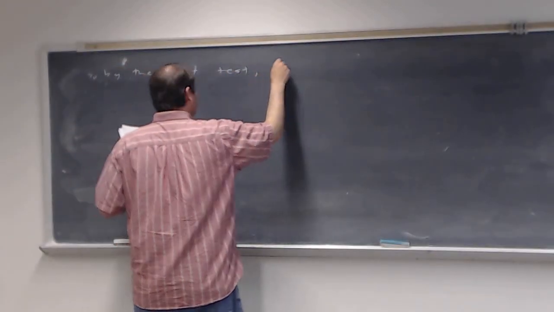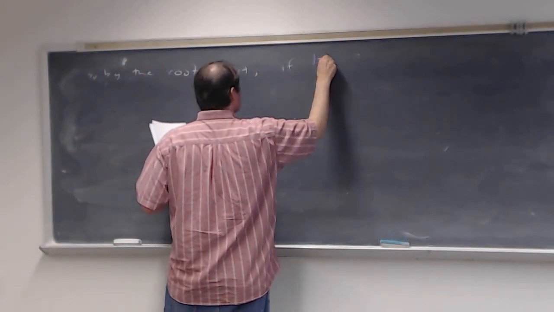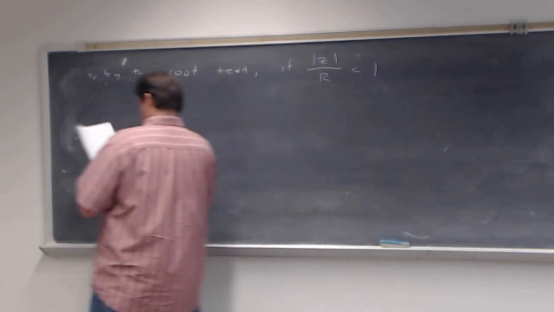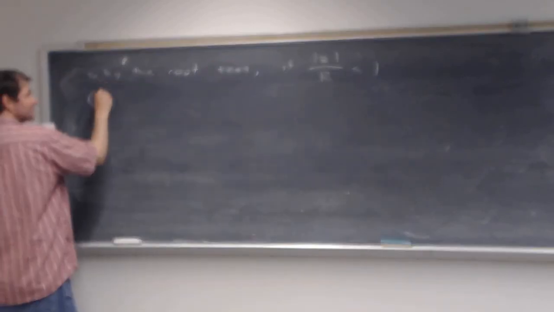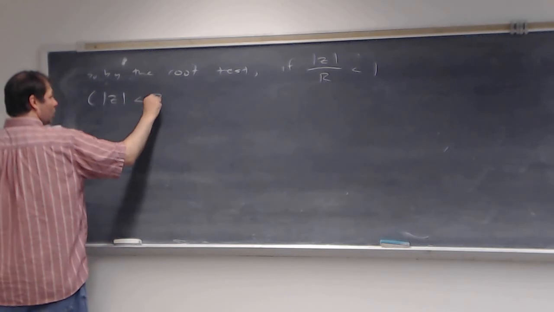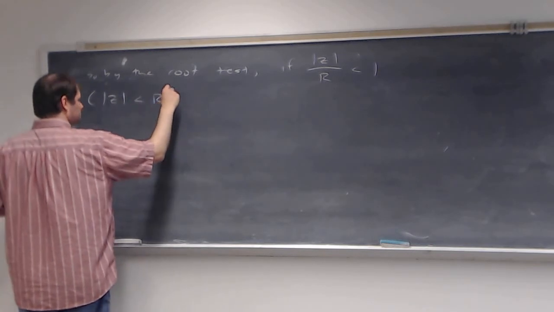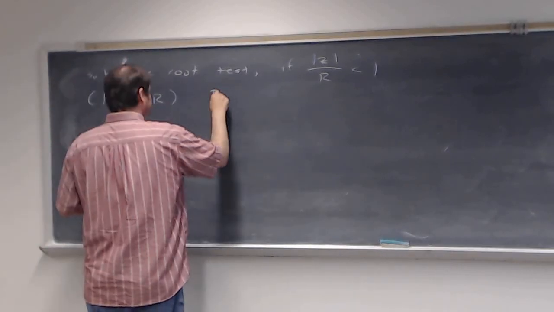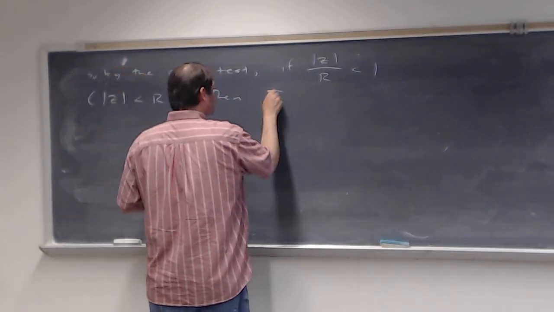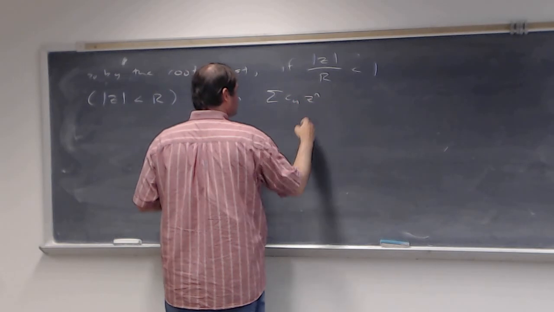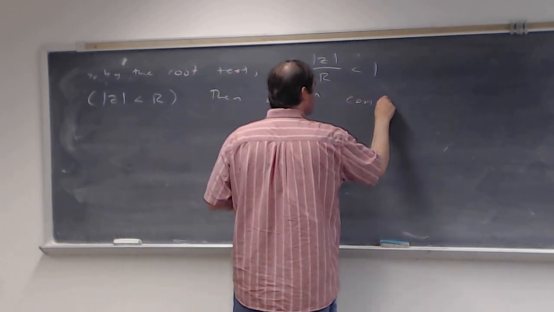If the norm of z over R is less than 1, that means that the norm of z is going to be less than R. Then that means that the sum of the c sub n z to the n converges.